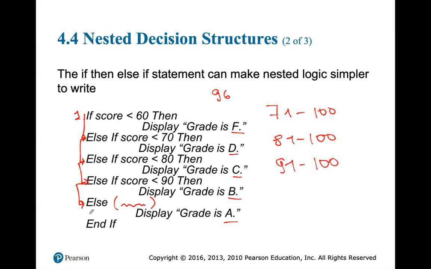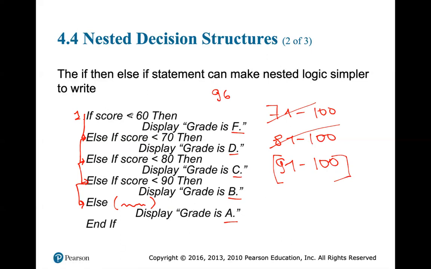And then see, we don't have anything else. This is our last possible decision to make, our last path for the program to go. So that's why we're going to display grade is A, because we already tried all of these. So we know for sure our grade is within the range of 91 and 100, which makes it an A.